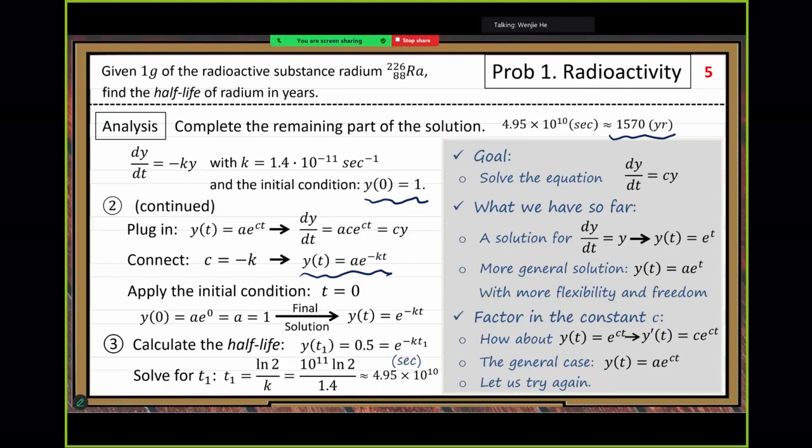On the previous slide, we were given 1,600 years, right? So that one is another approximation. It is 1,600. Here, based on the given numbers, we get this half-life number.